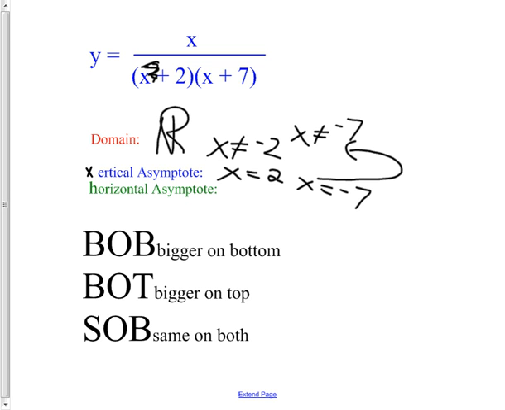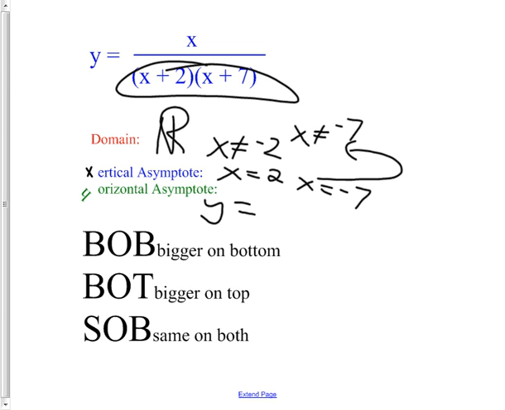The horizontals, those are the y things, remember? The y things are y equals, and then I've got to decide: bigger on bottom, bigger on top, same on both. And a lot of people screw up and think this is the same on both. It's not. Because if you multiplied this out, you'd have an x squared on the bottom. So it's really bigger on the bottom, isn't it?